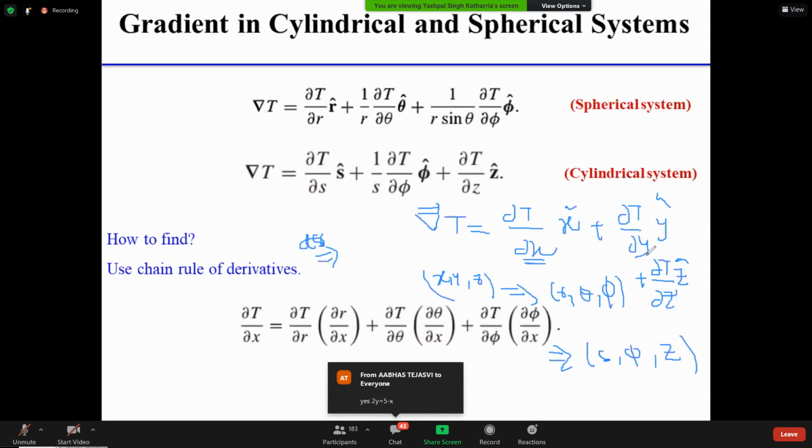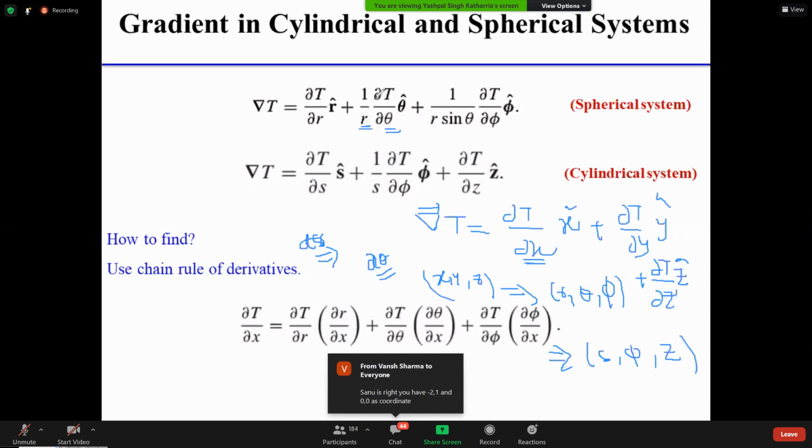Similarly, in the next term you should have displacement along the theta direction. As I told you earlier, theta is not actually a displacement, it is an angle. A small displacement along the theta direction is given by r d theta.